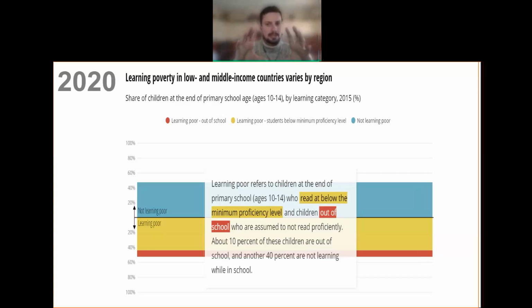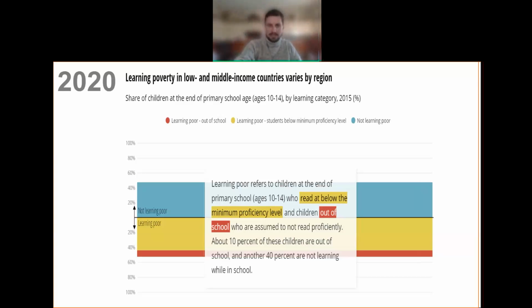Now we get additional information about how learning poor are being defined for in-school and out-of-school populations. So if children are in school, they're considered to be learning poor if they cannot read proficiently by age 10. And then all children that are out of school are assumed to not read proficiently.